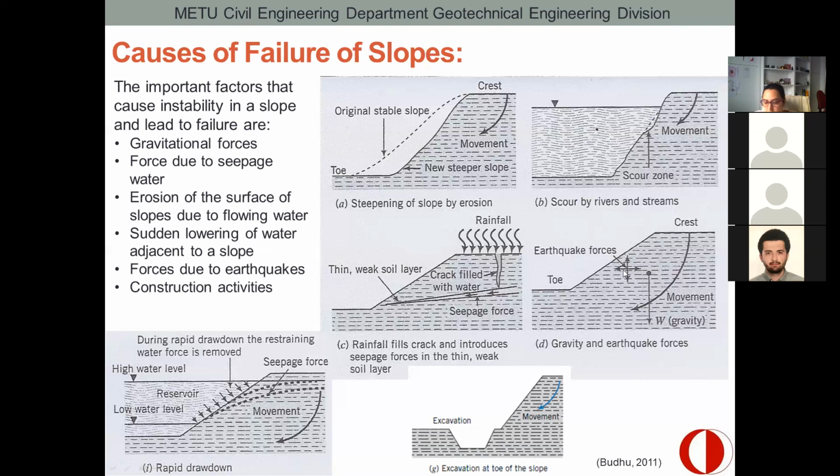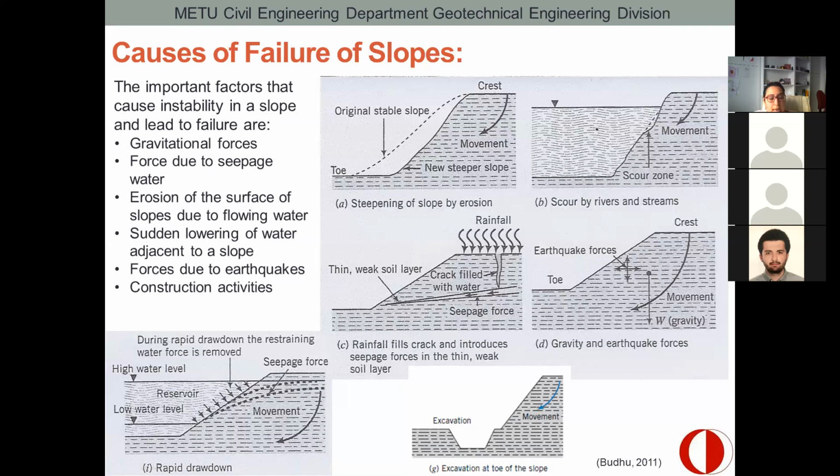But typically, the stability of the slope in this direction is less than the stability in this direction. And when the earthquake forces change the weight and forces acting on the failure surface, you can see a lot of slope failures.